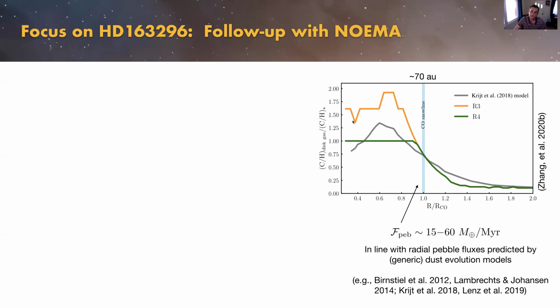And you can use then this excess in CO to figure out what the total pebble flux has to have been that has drifted through the CO snow line, which in this particular disk is 70 AU. And for HD 163296, Coco and collaborators find that you need a pebble flux of about 15 to 60 Earth masses per million years, which is in line with fluxes that generic disk models tend to get.